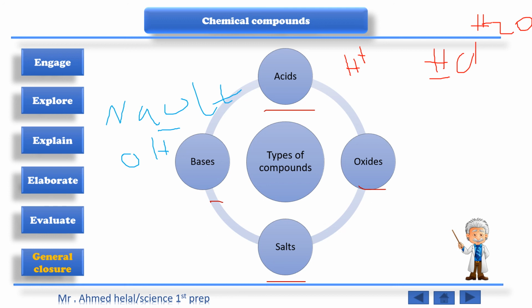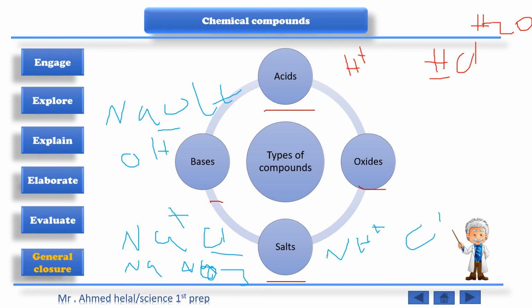And salts, this is a combination between positive ion and negative ion, or positive ion with negative atomic group like nitrate, or positive ionic group with negative ion, or positive ionic group with negative atomic group.